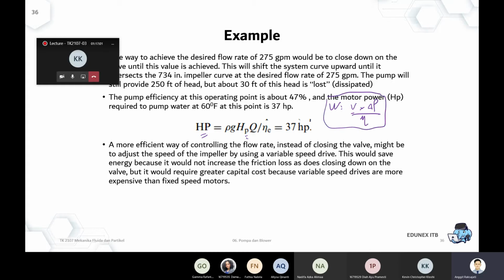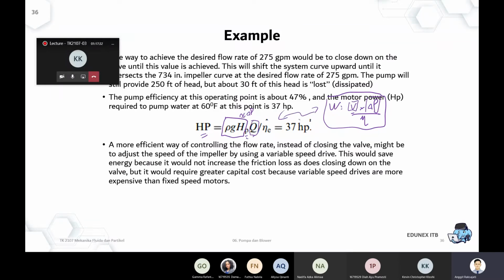If you express it in flow rate, look at this number, rho GH. That's going to be equivalent to delta P, right? Rho GH is already a pressure, so that corresponds to the delta P part. Q corresponds to the volumetric feed part. So that's the same thing.